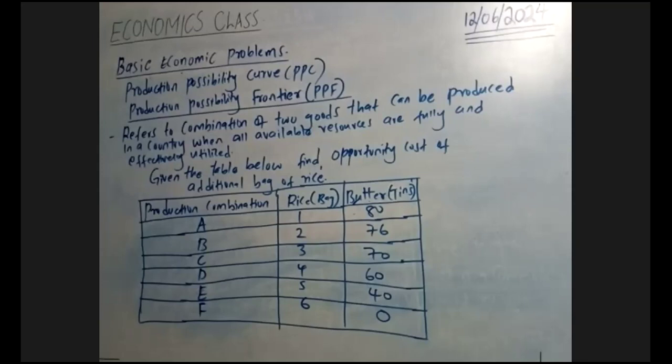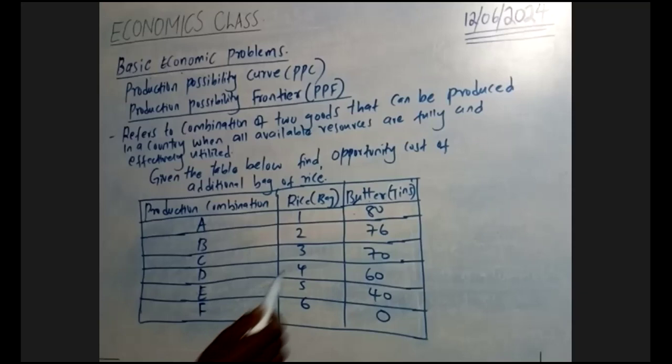So if they increase the number of rice to 2, the number of butter must decrease so that the resources are utilized effectively. So we cannot produce 2 bags of rice and at the same time produce 80. So the 80 will reduce to 76.